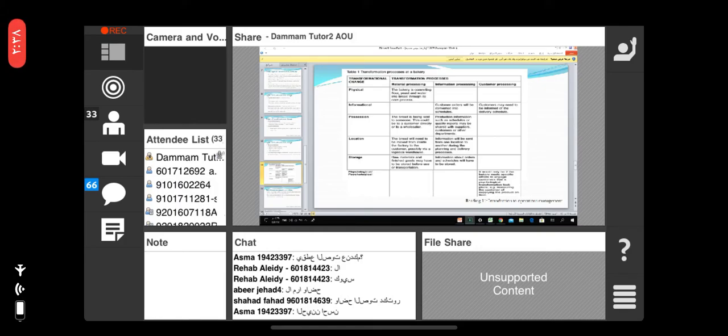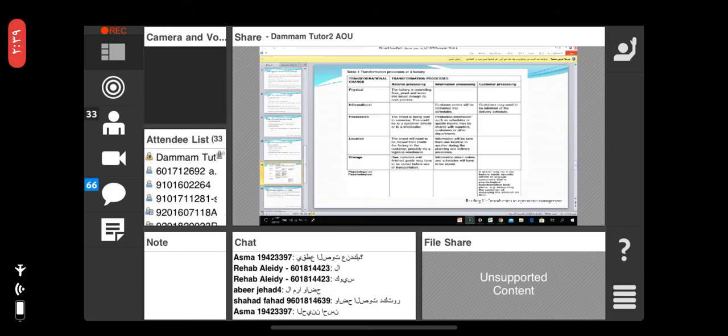Transformational process is material, information, customer. Okay guys, a change in the physical, information, possession, location, storage, and psychological transformation. We need to go through each one.